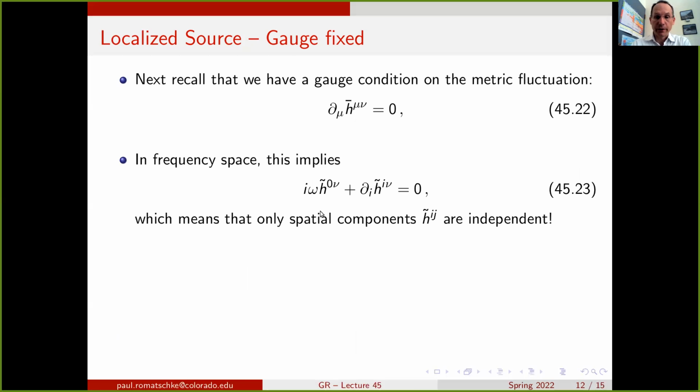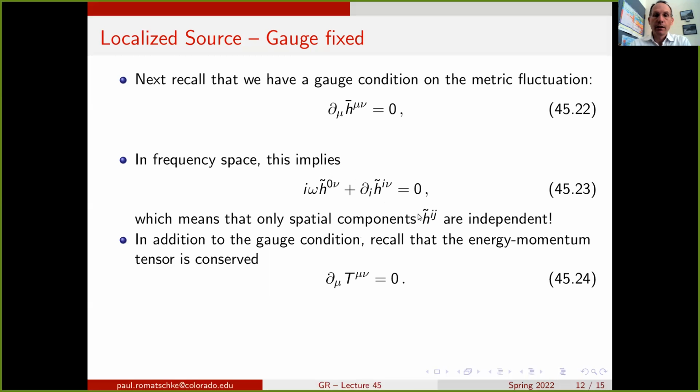In frequency space, this implies that all the elements of the strain that have a 0 somewhere, so the first column and the first row of the h mu nu strain tensor, are uniquely fixed by the divergence of the spatial components. Or the other way around, the spatial components can be the independent components, and then all the time components are fixed by the spatial components.